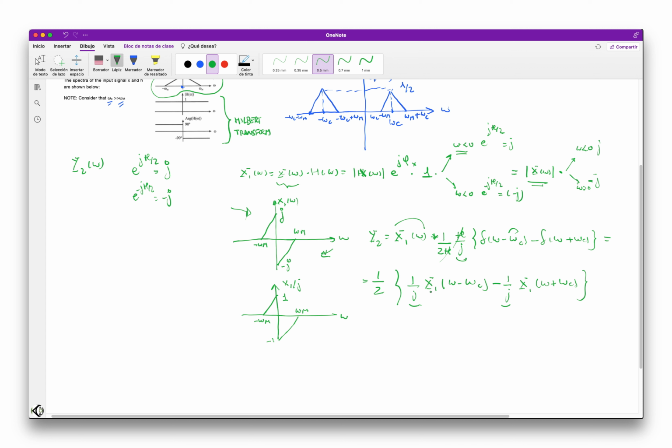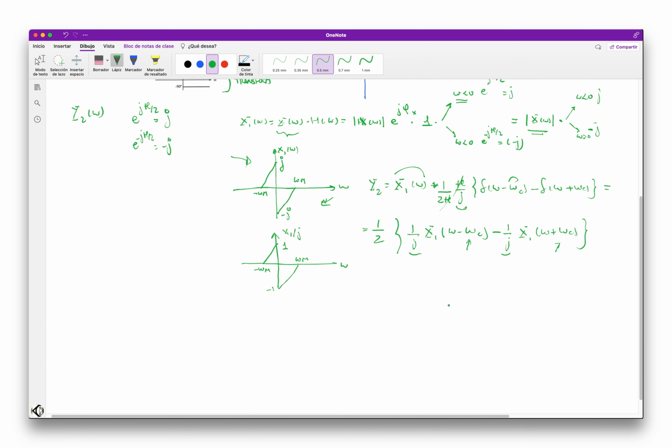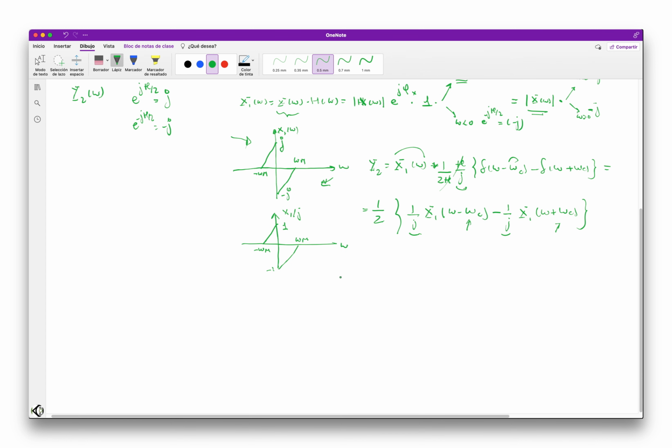And then we have to take this x1 divided by j and move it to the right to where omega c is, and move it to the left to where omega c is. That is, bring up and down in frequency this signal. So at the end, y2 will have this shape. Around omega c, we bring this signal.